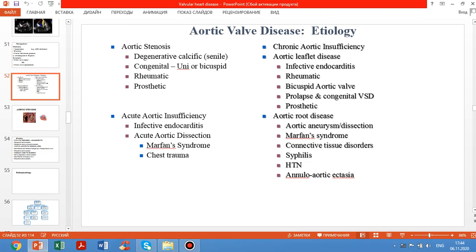Chronic aortic insufficiency: aortic leaflet disease due to infective endocarditis, rheumatic disease, bicuspid aortic valve, prolapse, and congenital septal defect. Prosthetic valve, aortic root disease, aortic aneurysm, dissection, Marfan syndrome, connective tissue disorder, syphilis, hypertension, and annuloaortic ectasia.